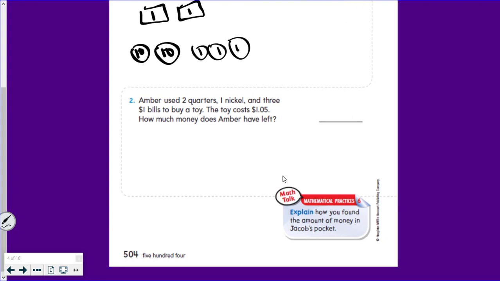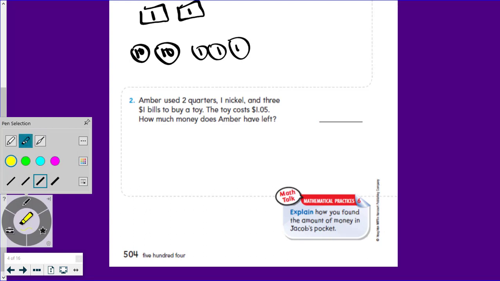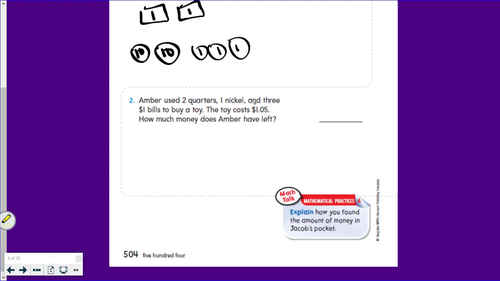Let's try number 2. So let's see. Amber used 2 quarters, 1 nickel, and 3 $1 bills to buy a toy. The toy costs $1.05. How much money does Amber have left? So there's actually 2 parts in this problem. We need to figure out how much money Amber used, but we also know the cost of the toy.